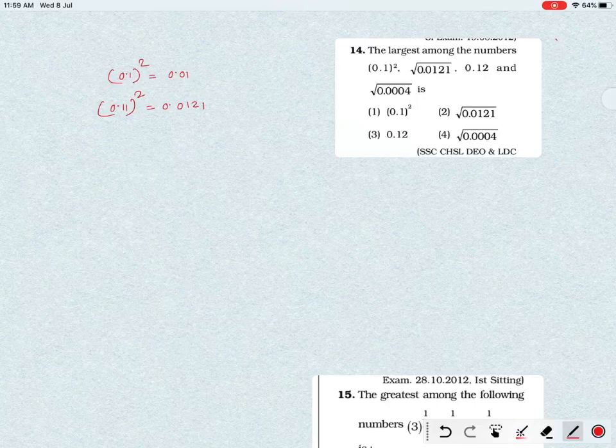Okay, so 0.12 is equal to 0.12. So from here we can compare that the largest is 0.12.